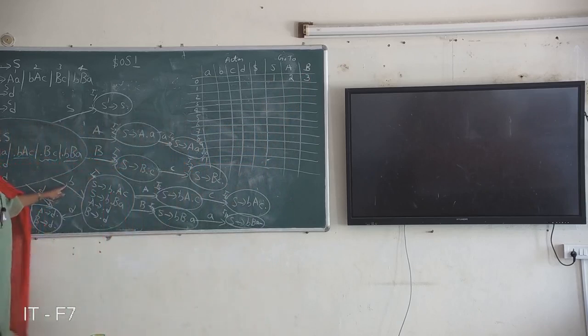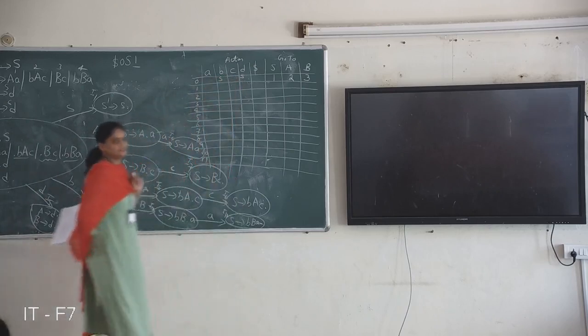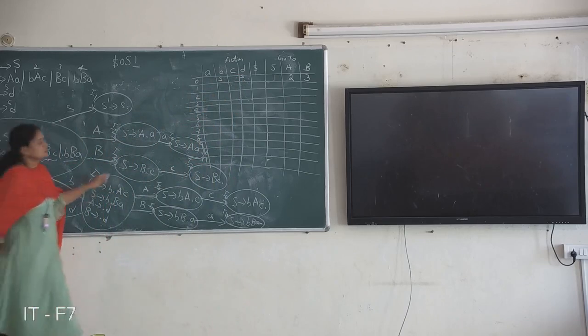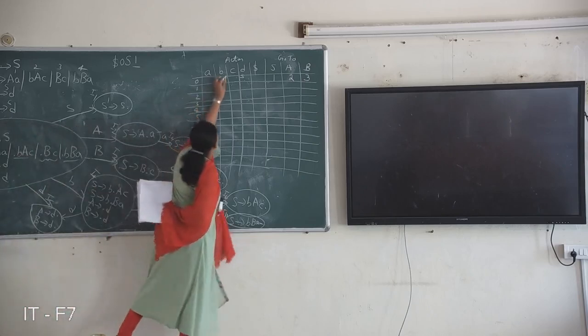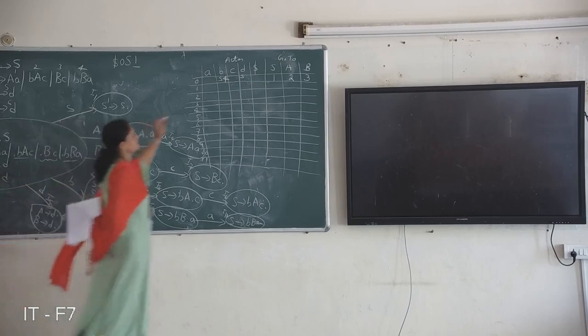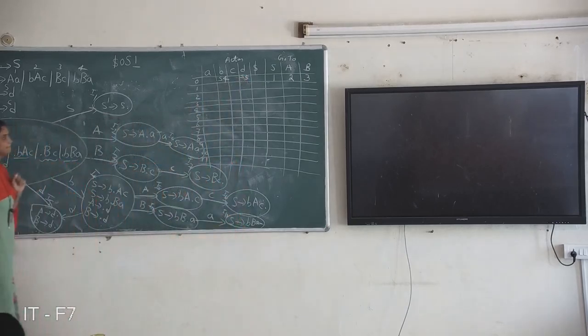And next you are applying the terminals b and d. So on b and d, shift action comes. On terminals, transitions on terminals mean you perform shift action. On b it goes to state 4, so 4 here. And on d it goes to state 5.